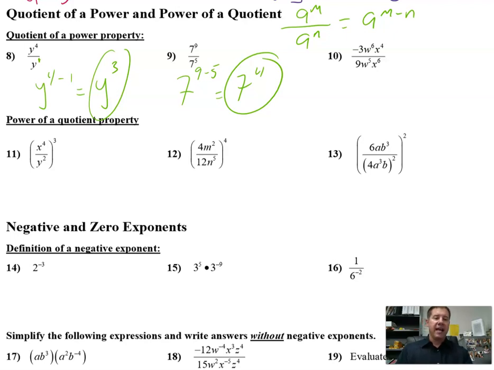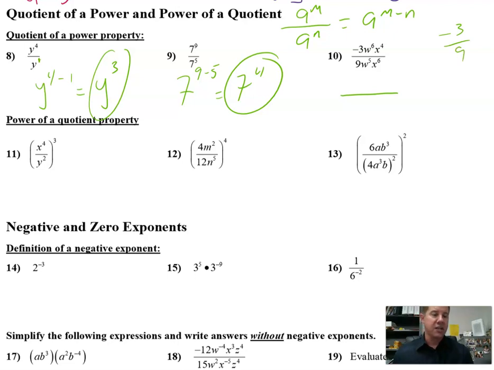And then, number 10. As my fractions get bigger and crazier, here's what we're going to do. Again, deal with each piece separately and use the correct rules. So I'm going to start with just my coefficients, just the negative 3 over 9 part.